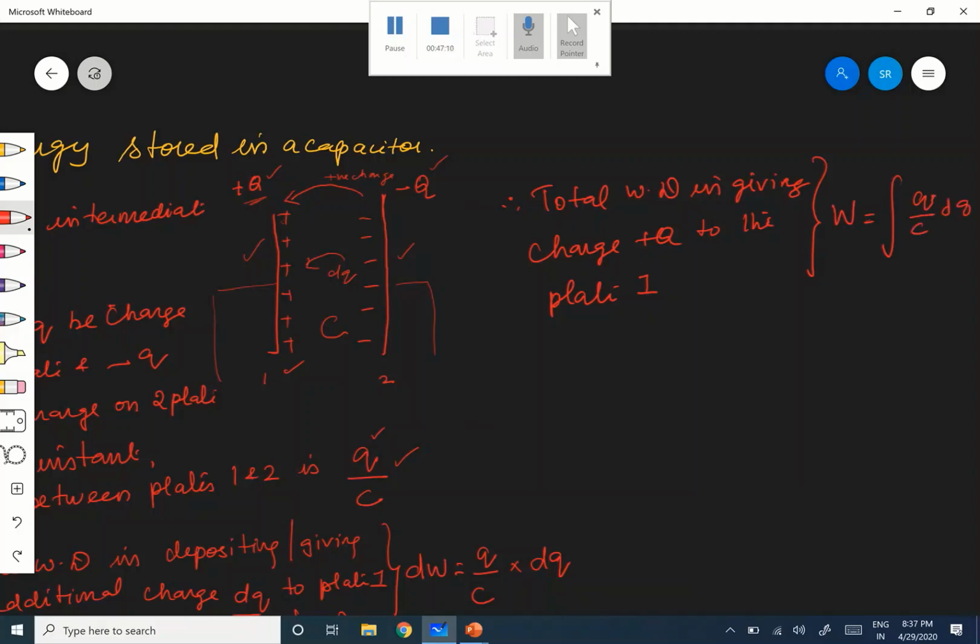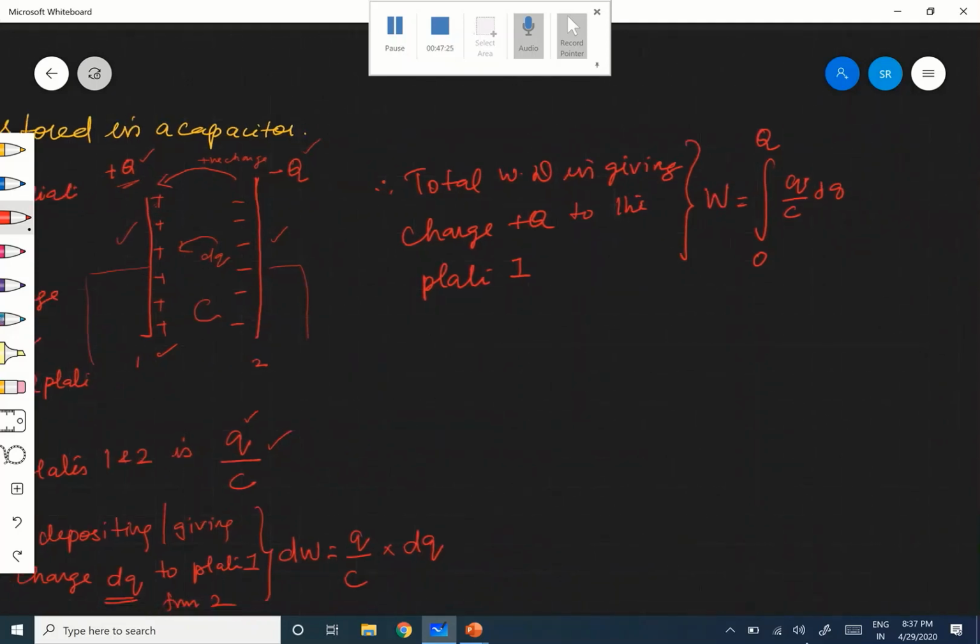Initially it was uncharged, so I am going to give charge from 0 to Q, within the limit 0 to Q. Are you following me? Very important. What is the total work done in order to give charge plus Q to plate 1? It is the integral from 0 to Q of q by C dq.